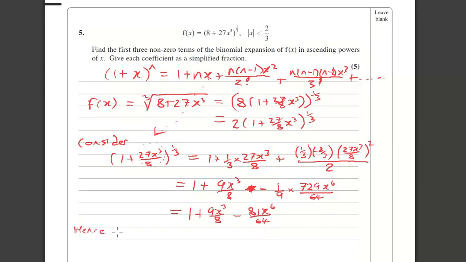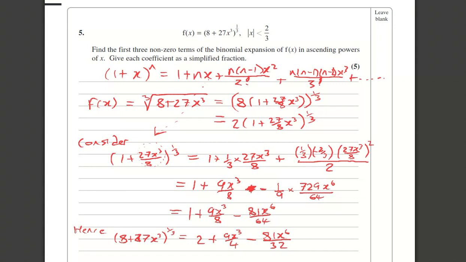Hence, we need to double this, and 8 plus 27x cubed to the power of a third equals, right, let's double all of this, 2 plus 9x cubed over 4 minus 81x to the 6 over 32. Yeah, because if I double everything, I could just halve the denominators. Okay, hope that one makes sense.